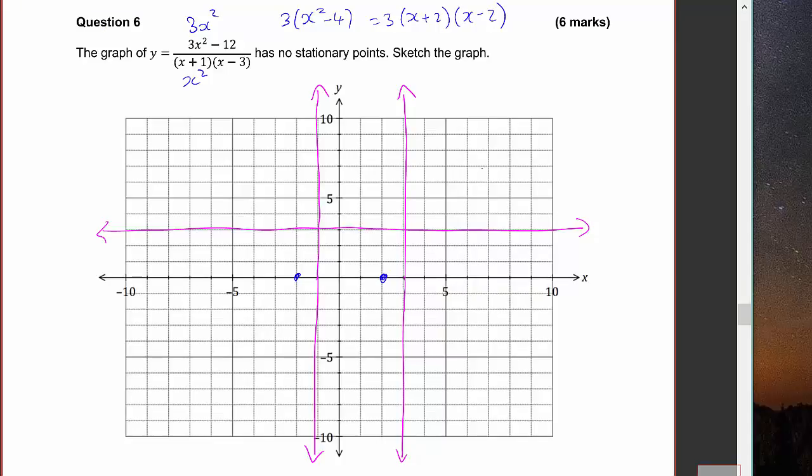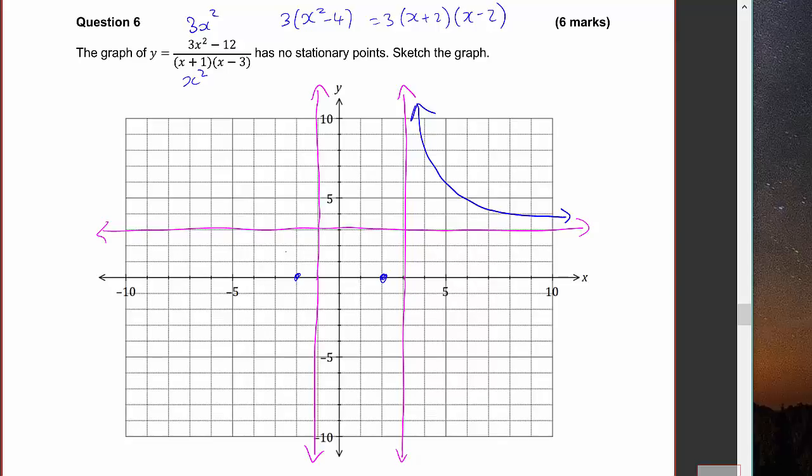So if we look over in this area here, beyond 3, everything here is positive. So it gives us an idea that it might do something like this. If we look on this side, the top would be positive over here, and the bottom would end up being positive.